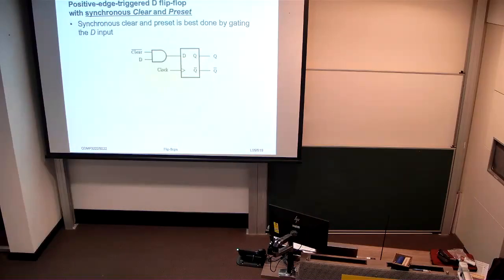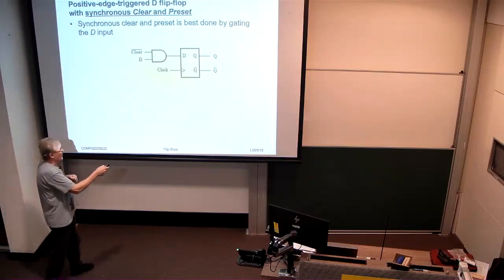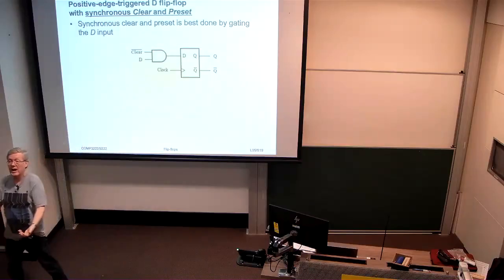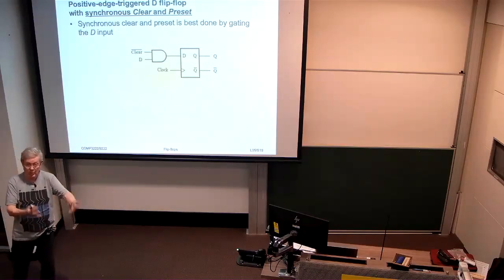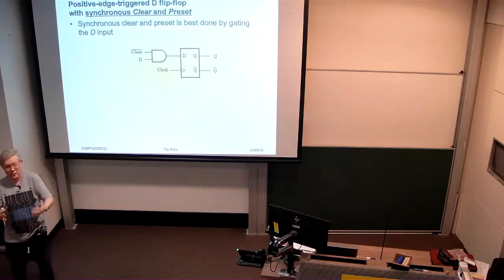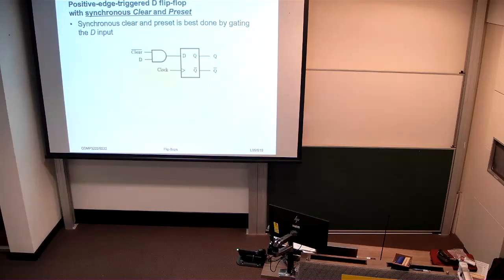When this input is 0, the output of the AND gate is 0, and therefore on the next rising clock edge, Q has to go to 0, right? It's synchronous because it happens in synchronicity with the clock. It doesn't change as soon as I assert that signal, it changes when the clock edge comes along. Hence, it's a synchronous preset or clear.